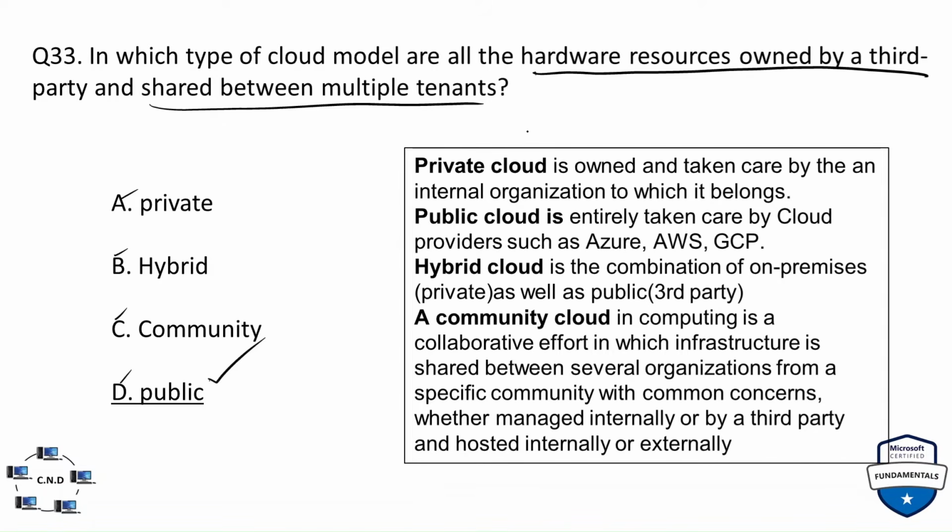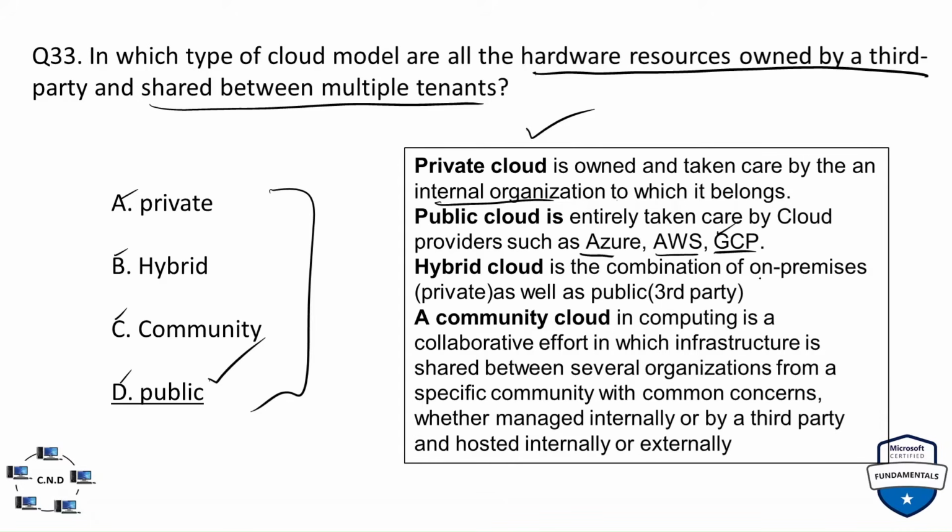And here is the explanation of each type of the cloud model. The private cloud is basically owned and taken care of by the internal organization to which it belongs. Public cloud is entirely taken care of by cloud providers such as Azure, which is provided by Microsoft, AWS, which is provided by Amazon, and GCP, which is provided by Google.